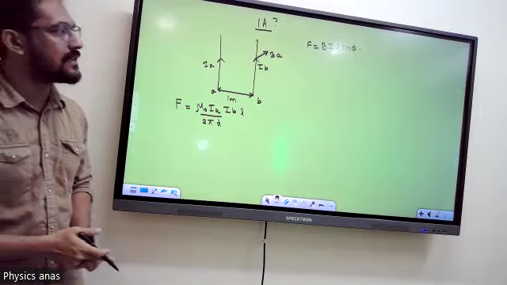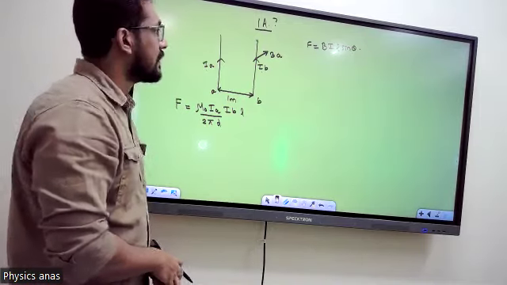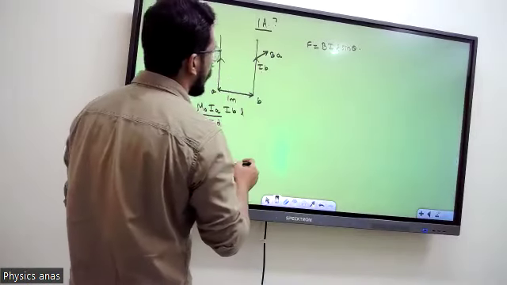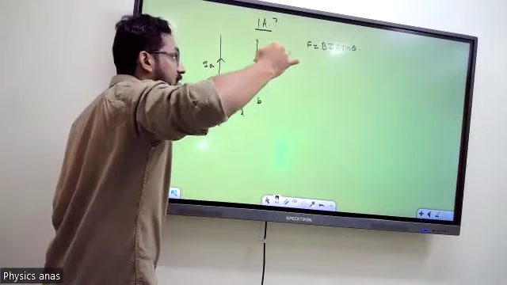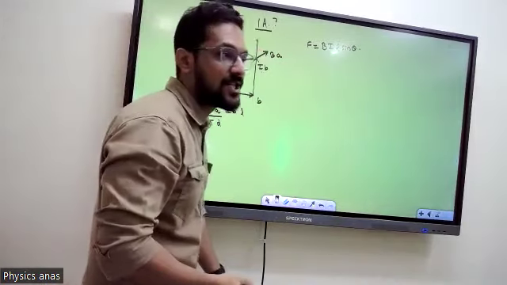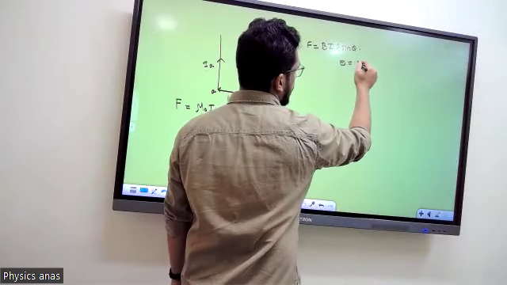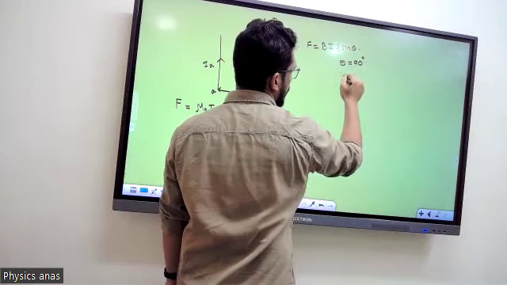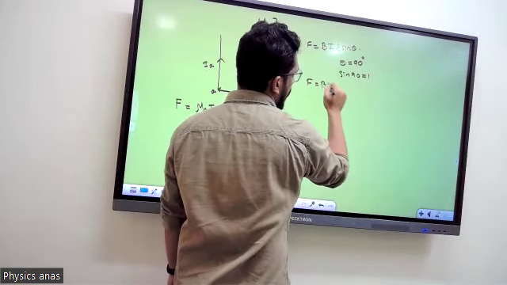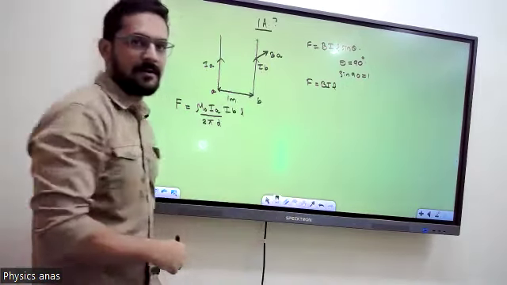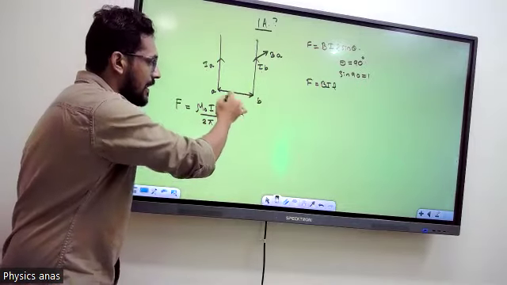What is the theta here? Theta is 90 degrees because the magnetic field is entering the wire at 90 degrees, so sin 90 will be 1 and the force will be BIL.